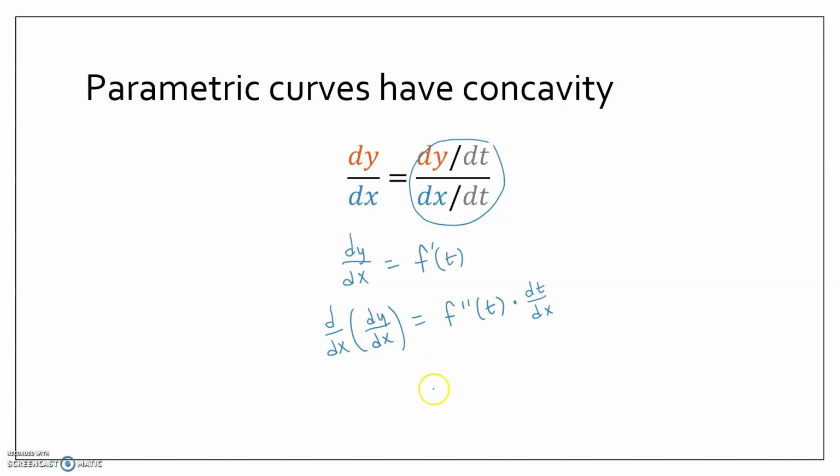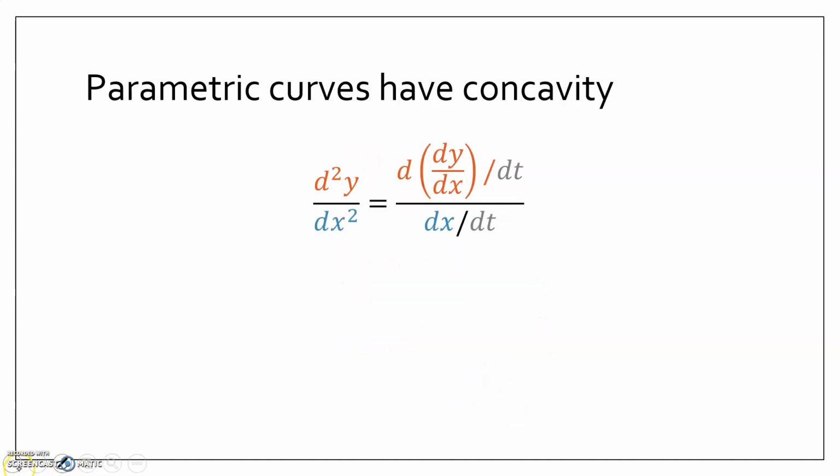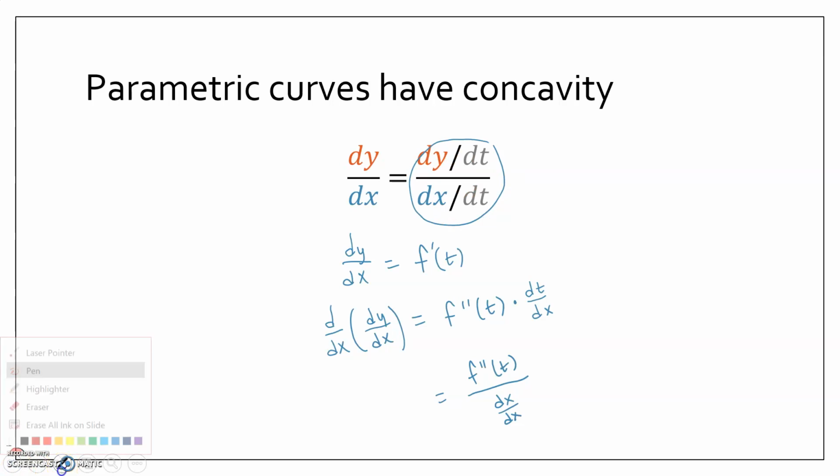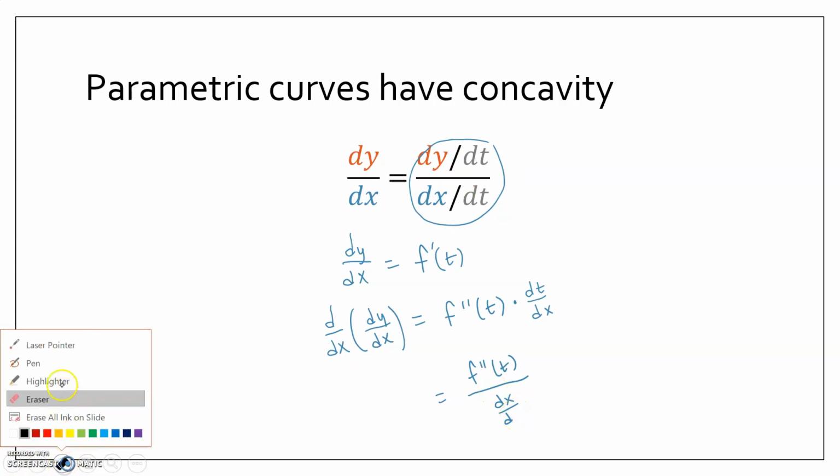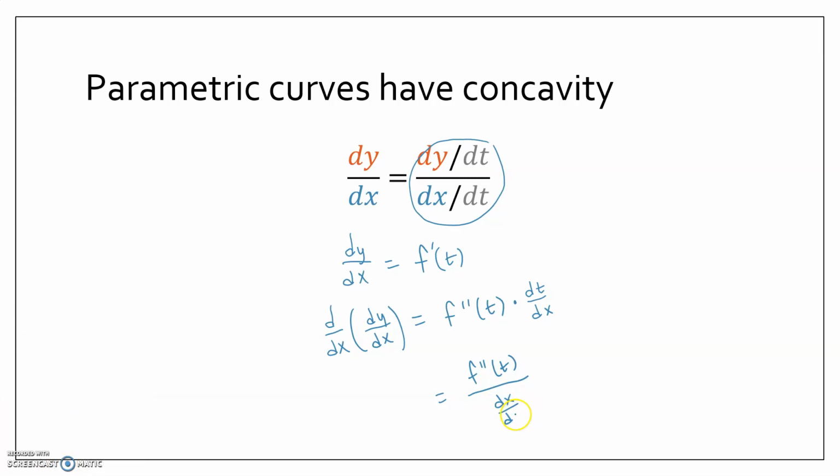So the way we actually write it is we say, okay, we're going to take a second derivative and then divide by dx/dt because we're used to seeing dx/dt and not dt/dx, because that's weird. So that's how we find second derivatives.